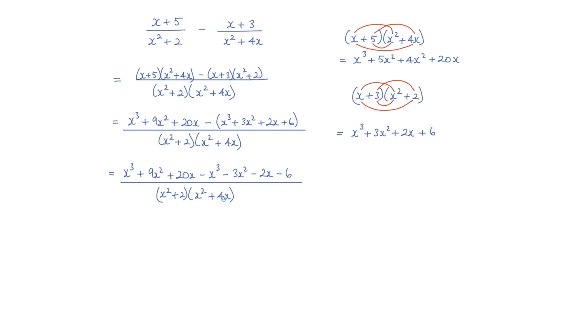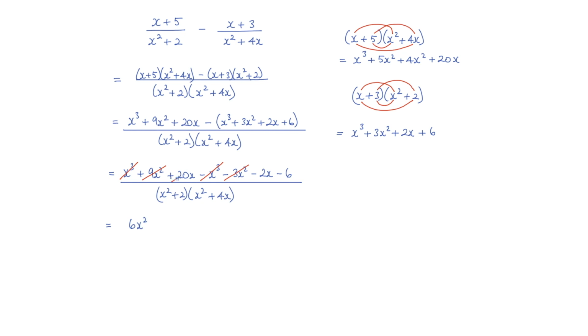Now we can start to gather like terms. So if you notice, I've got this x cubed here, and I'm subtracting x cubed. So this x cubed will cancel with this one. Okay, let's see what we've got in terms of the x squared. So I've got a 9x squared minus 3x squared. Let me cross these off. So 9x squared minus 3x squared, which is going to be 6x squared.